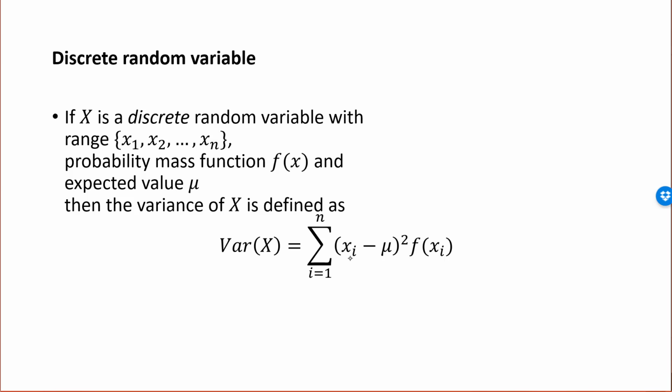The final thing you need to notice about the variance is that it is not simply the average of these square deviations. The weight plays a role as well. So an outcome which has a large probability will play a much bigger role in determining the variance than an outcome which has only a very small probability.